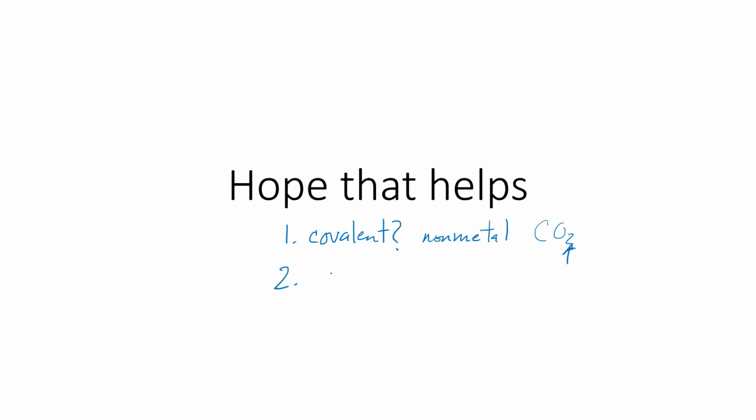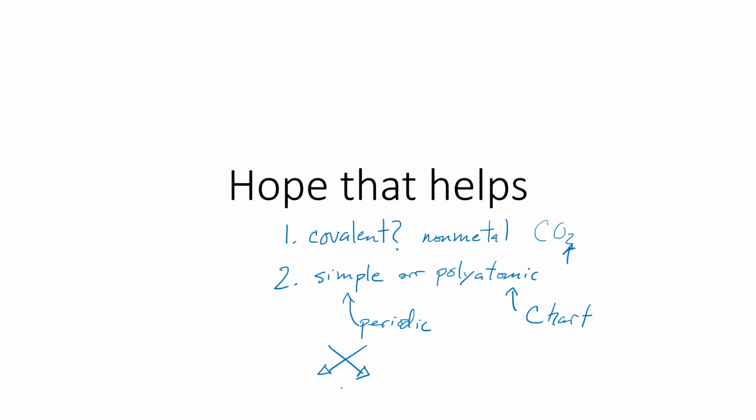Number two, figure out, is it a simple ionic compound or is it polyatomic? If it's polyatomic, just look it up in a chart. If it's simple, then use the periodic table. And then you got to do the old crisscross applesauce to make sure that the numbers match up.